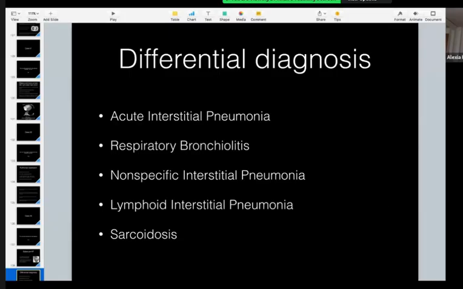So an acute interstitial pneumonia, respiratory bronchiolitis, nonspecific pneumonia, and sarcoidosis, alveolar sarcoidosis in this case, because it's a process centered on the center of the pulmonary lobule.